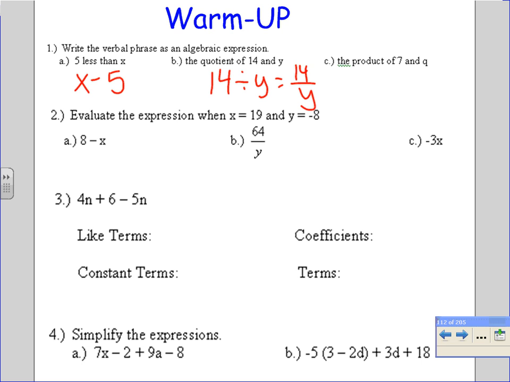Doug, letter C. Good. How else could we write this? Emma H. Good. 7 with a little dot times Q. Make sure it doesn't look like a decimal point, so be careful with that. Charles?